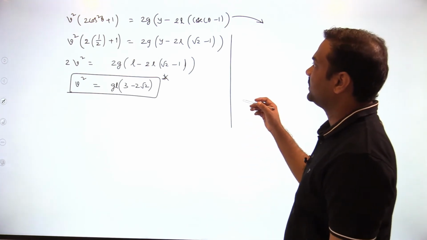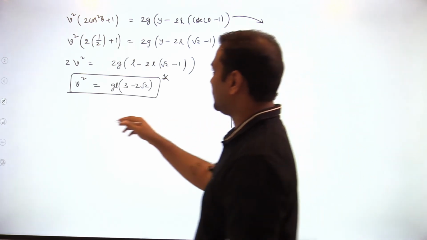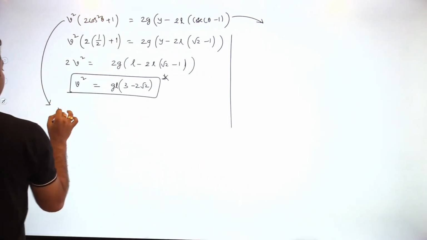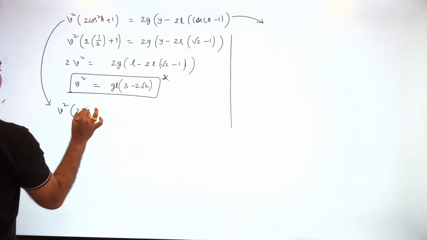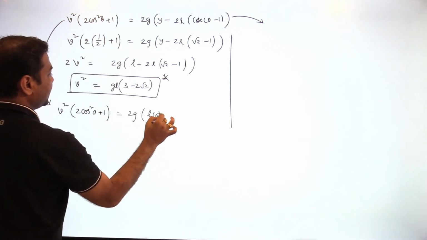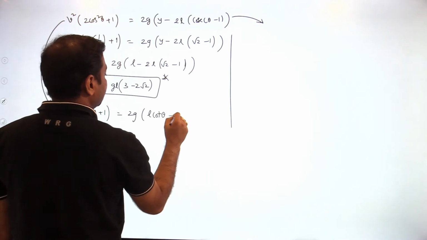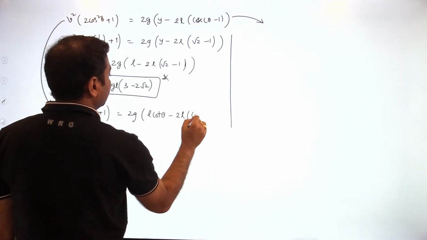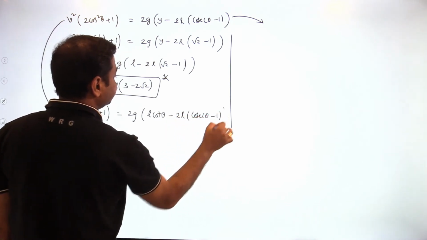Okay, so I am solving here only. v square into 2 cos square theta plus 1 is equal to 2g into L cot theta, the y value, minus 2L into cosecant theta minus 1.